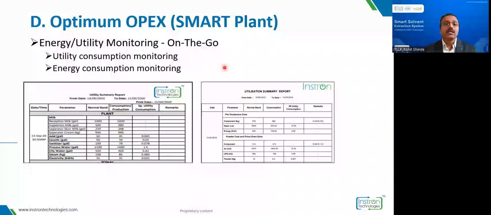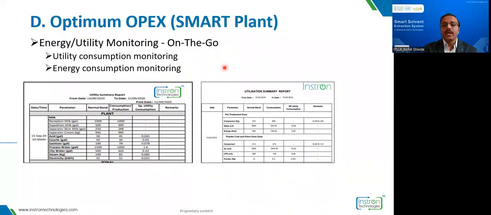This is another example where we have supplied a utility monitoring system, where you get the consumption of air, steam, chilled brine, electricity; all these parameters are monitored regularly. If it exceeds your defined criteria, the alerts will come. Based on that, you can compare batch to batch consumption, and it will help you optimize the process.